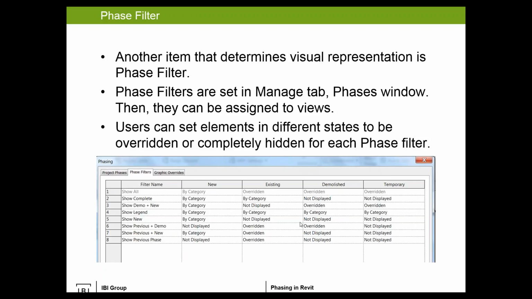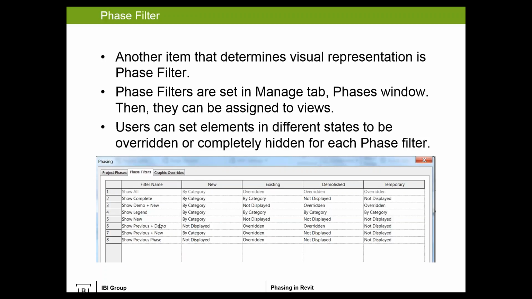So I would basically say, show me the existing without overrides, and show me the demolished with overrides so I can see those dashed lines. And I would not display the new construction. So because I don't want to see the new stuff, I just want to see existing and demolition. So this is my demolition drawing.